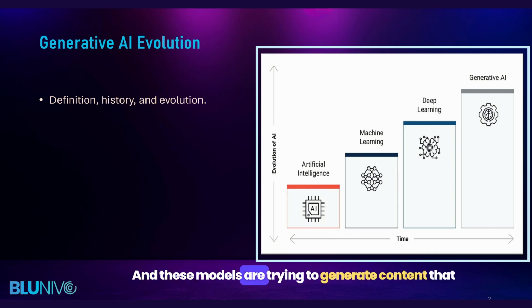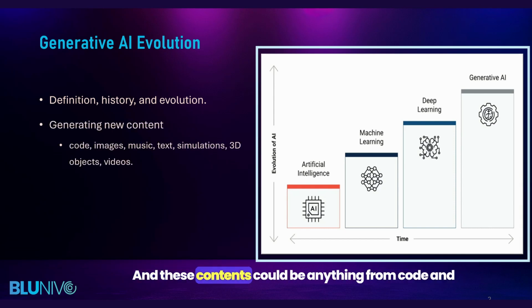These models are trying to generate content that is almost identical to the ones created by humans. And this content could be anything from code and images all the way to 3D objects and videos.